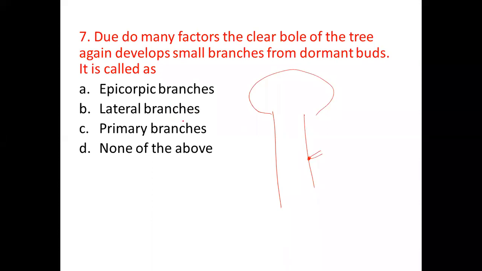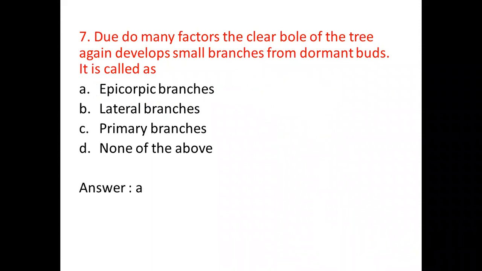As I mentioned in the earlier classes, it is called epicormic branches. Please remember, it's very, very important. From the dormant buds we expect new branches when they get suitable conditions. Those branches are called epicormic branches. That is the one thing you need to remember.